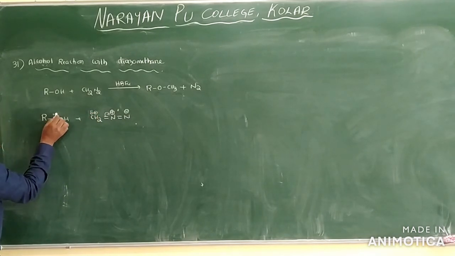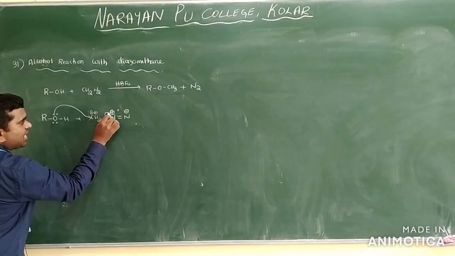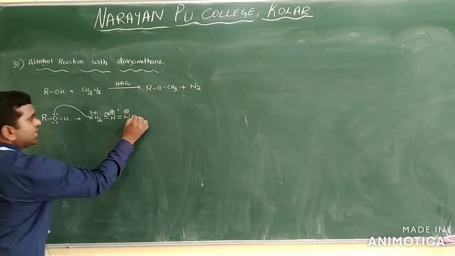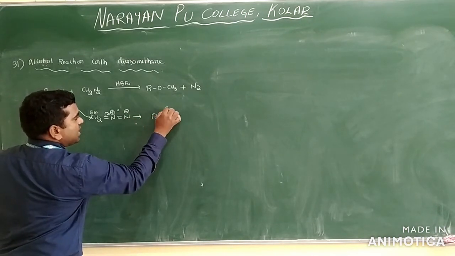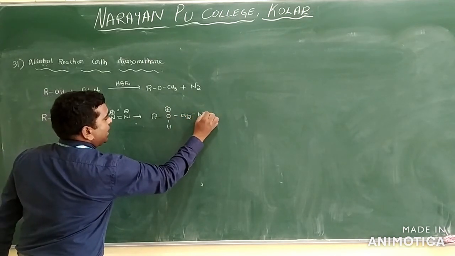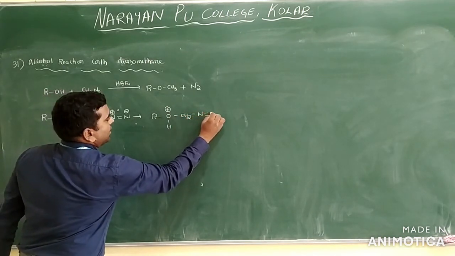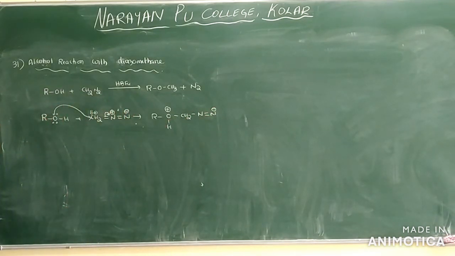Positive charge. And you know the oxygen has a lone pair of electrons. It attacks the positive charge, and these electrons move towards the nitrogen. Then what compound will you get? RO with a positive charge, because oxygen is losing electrons, then CH2 and nitrogen, and here N minus, and the positive charge is neutralized. This is the compound.